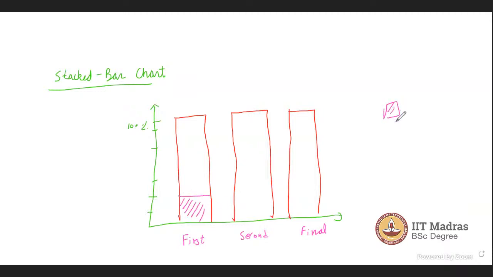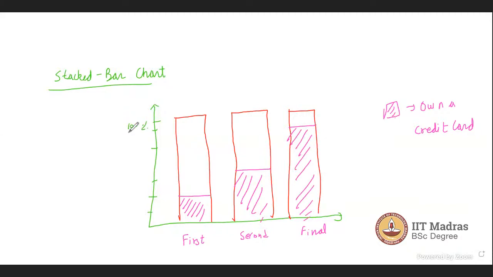I am denoting this much as students who own a credit card. Second year, let's say this much. Final year, let's say this much. And the graph is in percentage, it's 100%.